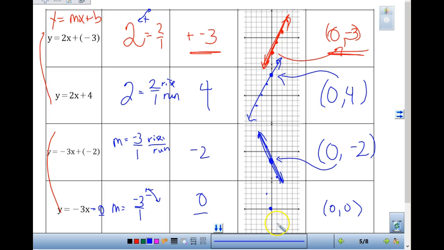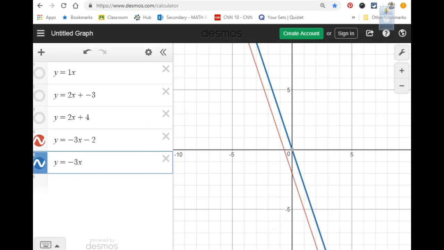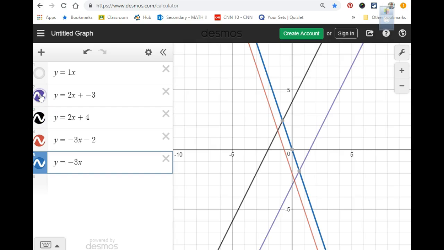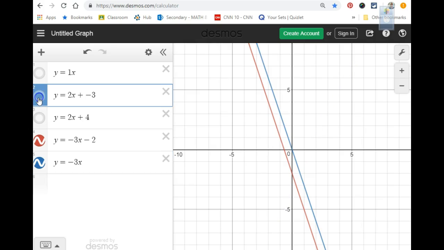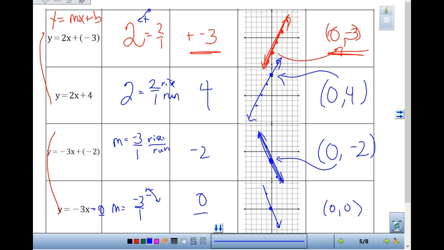And again, when you are doing these, one of the nice things about working with this calculator is that you can turn these off. So we have these two being parallel. We would now have those two being parallel, and you can turn them on and off, and you don't necessarily have to retype everything. So we now want to take a look at that next page in your notes.